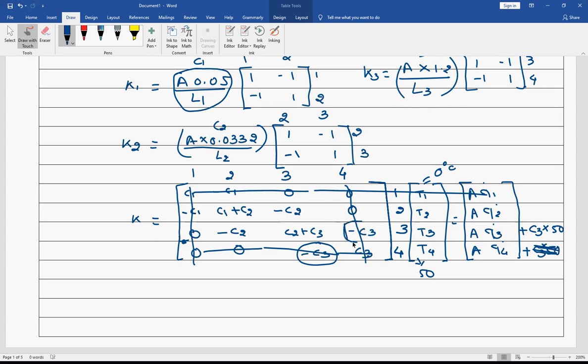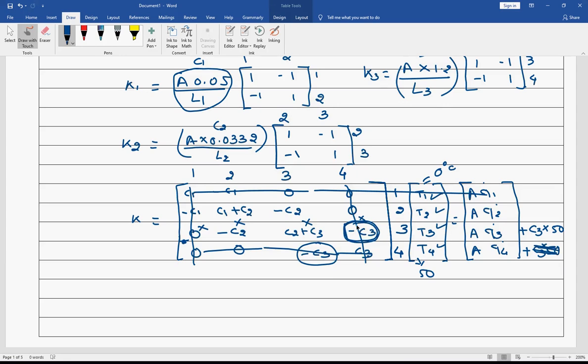So this minus C3 I cannot eliminate it, because this is into T4. So you can see this into this, this into this, this into this, and this into this. But T4 is not 0. So therefore I cannot do the elimination.